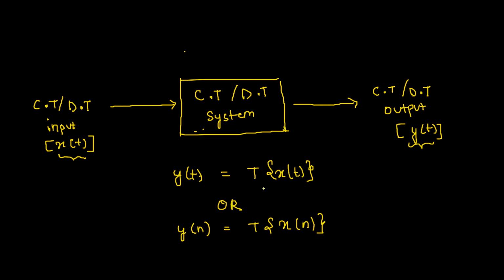This is denoted by y of t is equal to T of x of t. This T curly bracket x of t indicates the operation performed by the system on this particular function. And for discrete time systems, we use n, which denotes the integral values. So we denote that as y of n is equal to T of x of n.